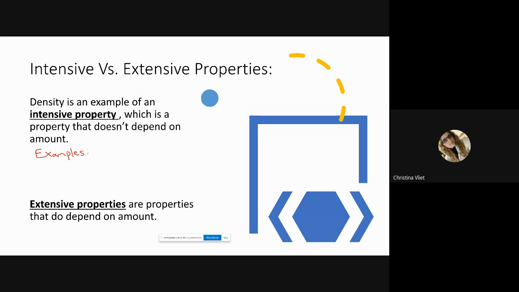What other examples of intensive properties could you think of? Are there any other properties of a material that would stay the same if I have a small amount of that material or a large amount of that material? Color. That's an excellent first choice. So color is another example of an intensive property.